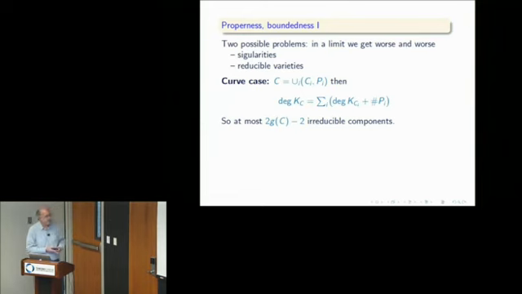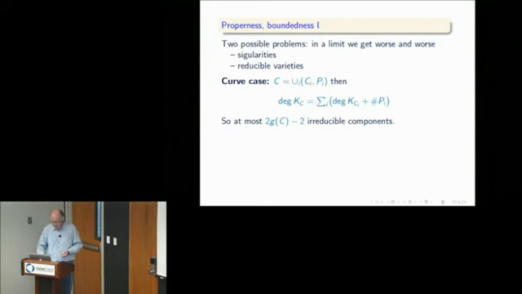That means I sum things that are at least 1, and I know that this is just 2g minus 2. So you know right away that you get at most 2g minus 2 irreducible components if you look at a stable curve of genus g.